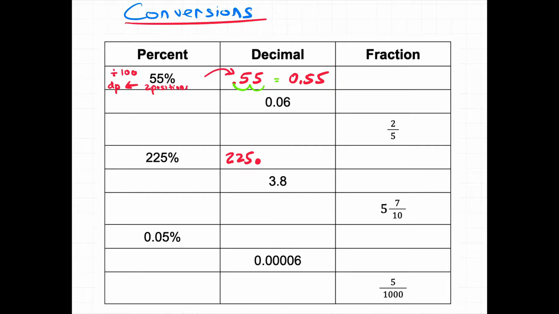It's right there. And what are we going to do? 2 positions. So essentially, this decimal right here went 1, 2, and we end up with 2.25. So this will equal, as a decimal, 2.25.